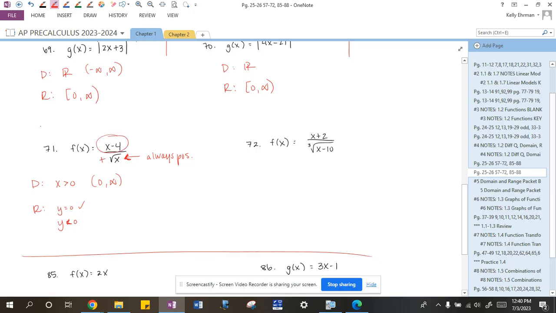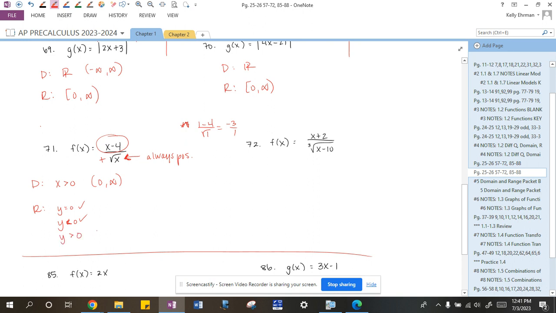Can x minus 4 be negative? Well, we're restricted to x greater than 0, so let's just start here. If we plug in 0, we can't plug in 0. If we plug in 1, we get 1 minus 4 over the square root of 1. That's negative 3 over 1. So yeah, x minus 4 can be negative, and y can be negative.